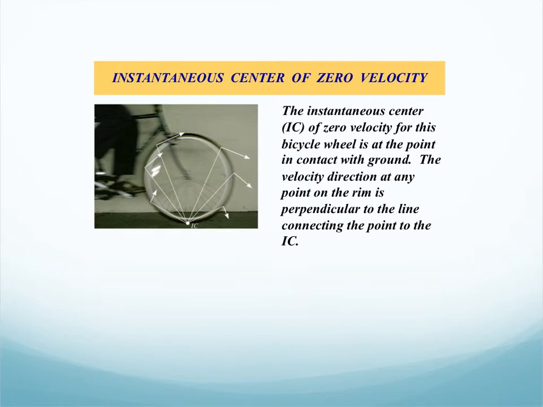And the idea is that if there's a point on an object, and it turns out it can be off the object as well, where the velocity is zero, you can figure out the velocity at any other point on the object, using the fact that the velocity of the other point, let's call it v sub x, is equal to the velocity at the instantaneous center, which of course is 0, plus omega of the object crossed with the position of point x with respect to the instantaneous center.